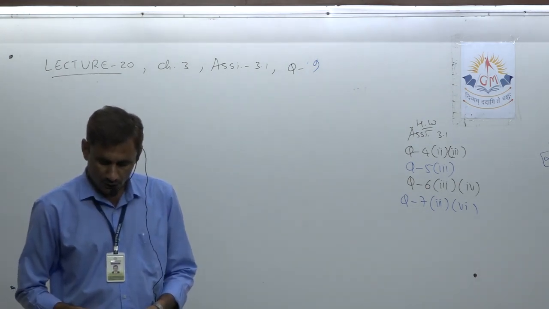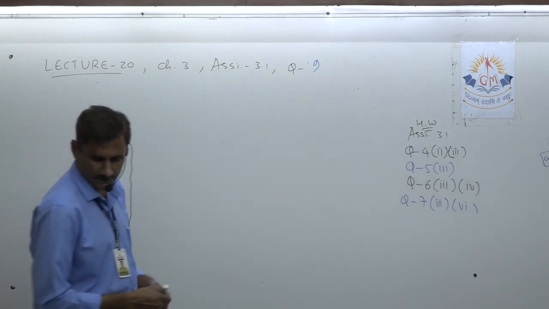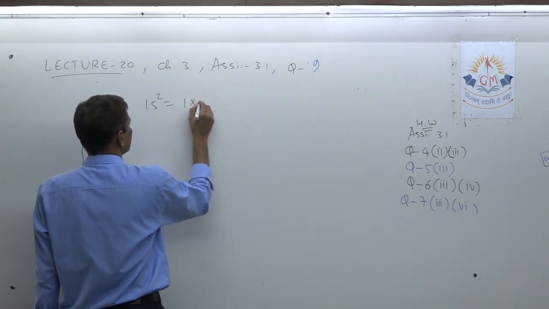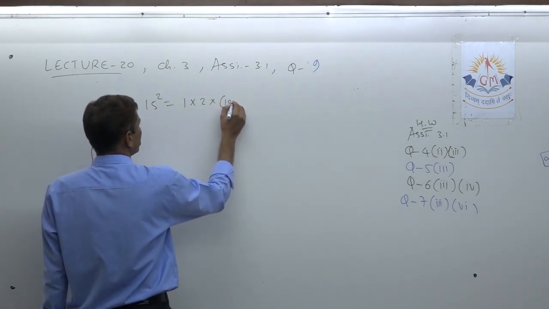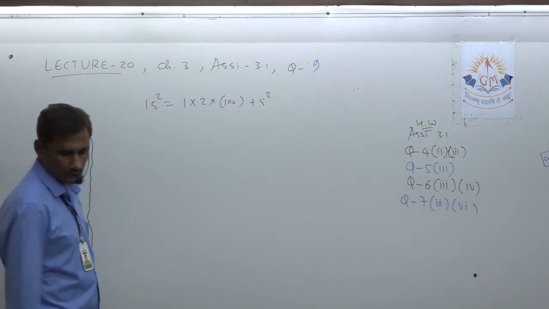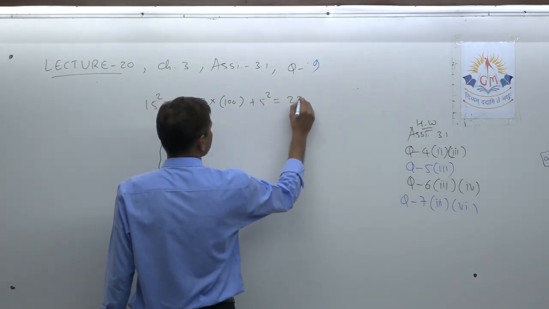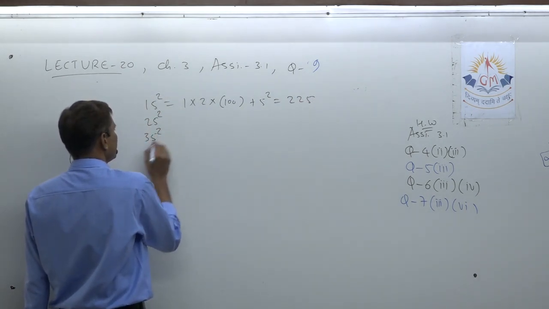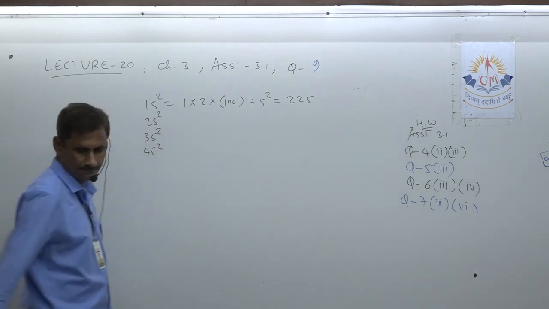So first of all, go through whatever is given. So 15 square is equal to 1 into 2 into 100 plus 5 square is equal to 225. Then 25 square, 35 square, 45 square, like that.